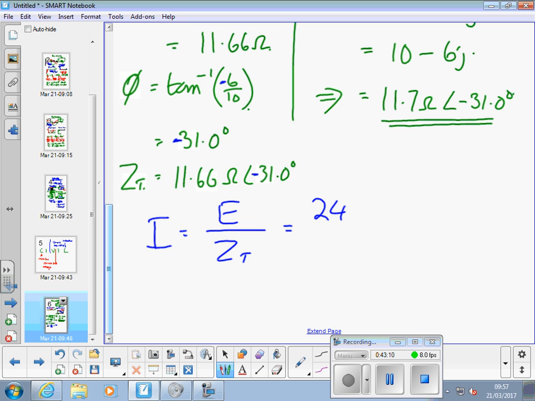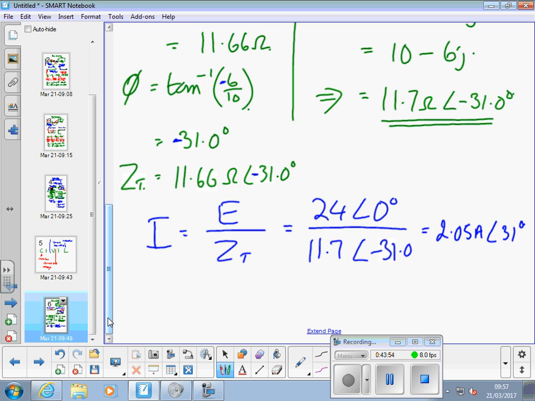It's 24, use the same voltage as before, angle 0, divided by 11.7 angle -31 equals 2.05 amps, angle 31 degrees.